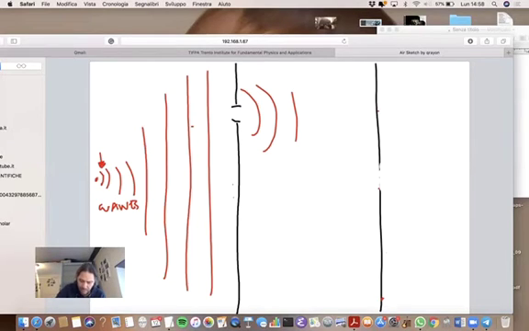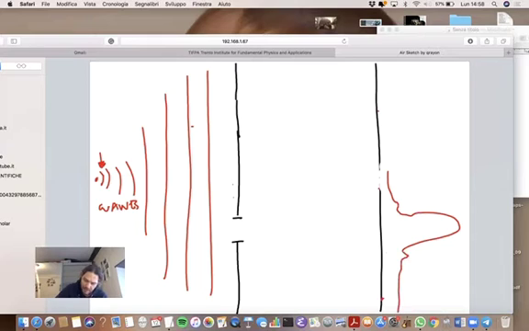You can do the same for the other one, shutting down this hole and opening a slit here. And not surprisingly, what you expect to find is something like the opposite, right? Getting your intensity of the wave to be largest just in front of the hole 2.